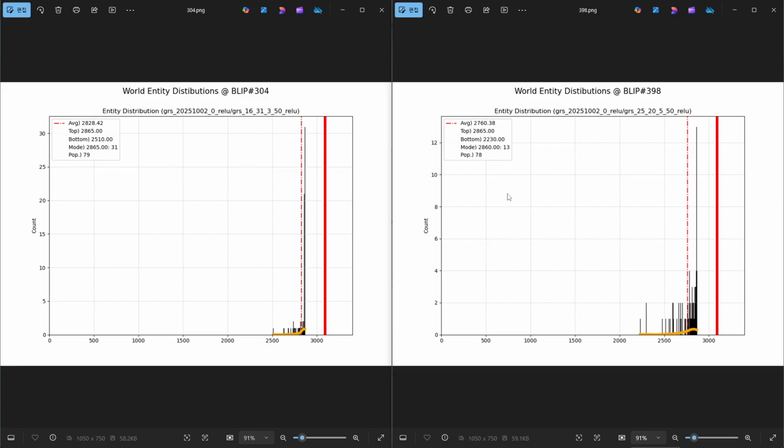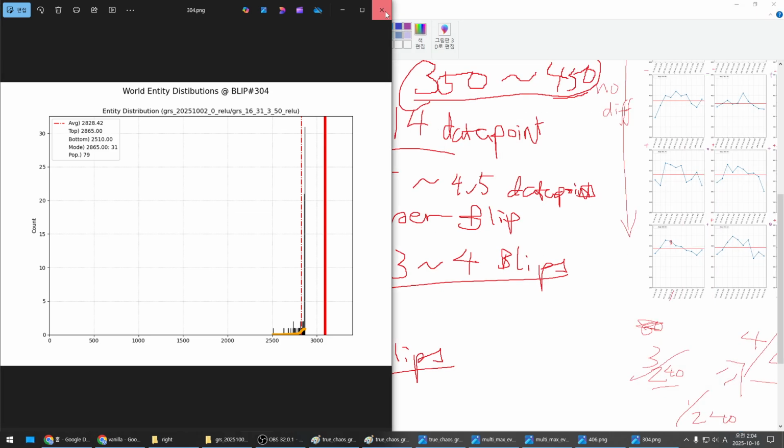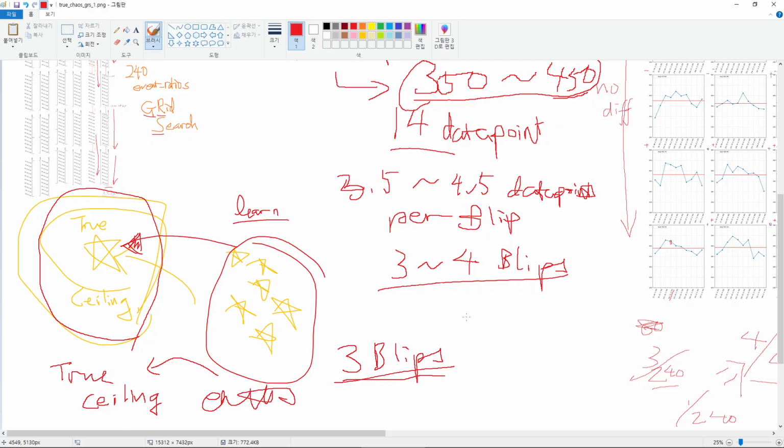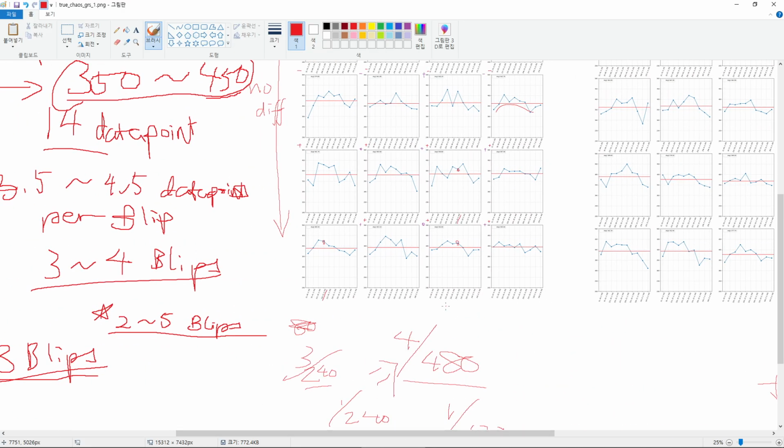But I think it is still safe to say that convergence to the true ceiling will happen in 3 blips, or about 3 blips. So if I were to give a range, it would be from 2 to 5 blips. Of course, this is supposing that the entity ratios given can produce true ceilings.